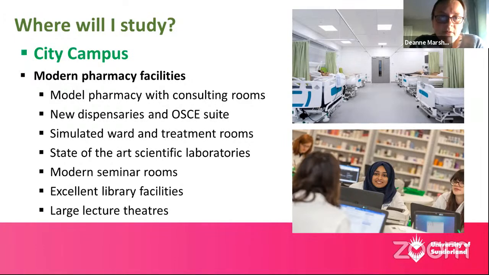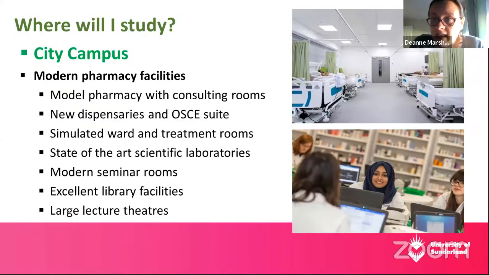You may see in some of the pictures there, we have some simulated wards on our facilities, and we have some really state-of-the-art scientific laboratories as well, with some really up-to-date equipment in there too. The university is very modern and has recently been vastly updated across the board.